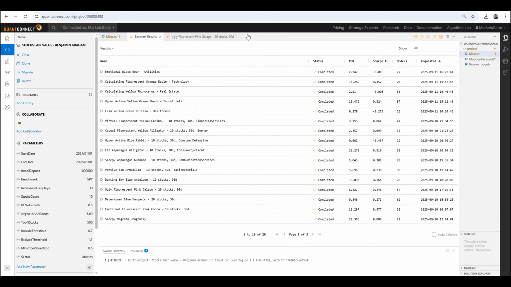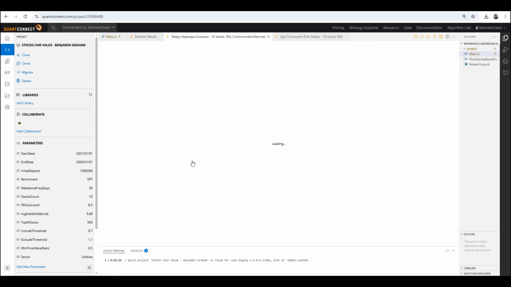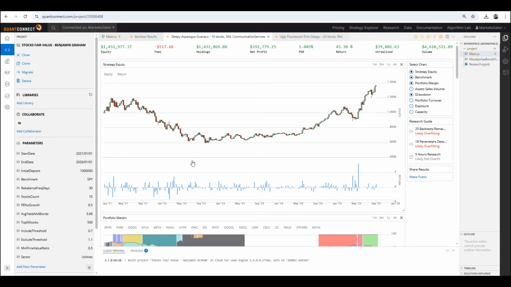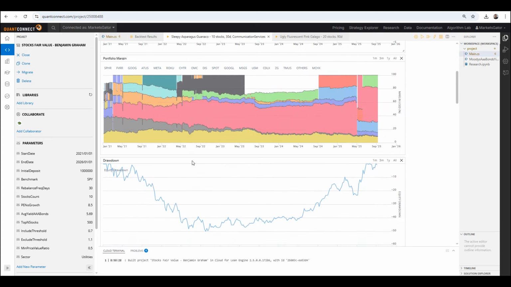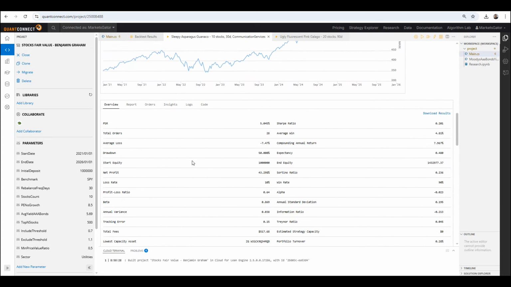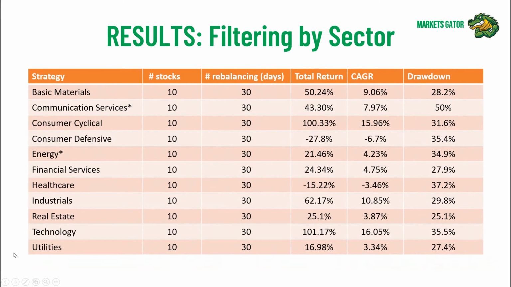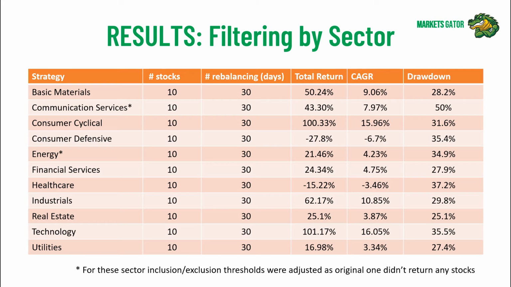For this, I've added one more parameter to my strategy, sector. With its help, I'll be passing the sector name to the strategy. Now let's do the runs for each sector and check the outcomes. And here we are. This table shows the results of each run, one per sector. Please note the sectors communication services and energy.